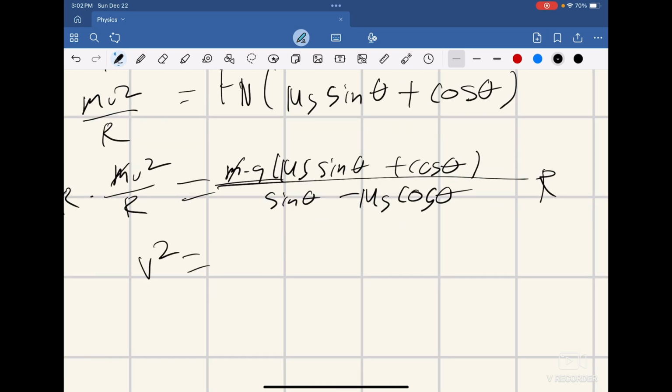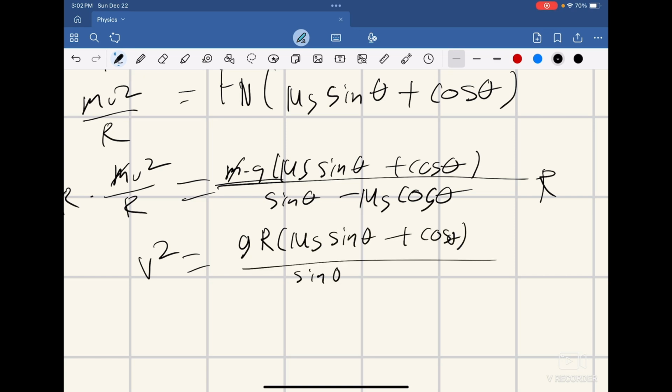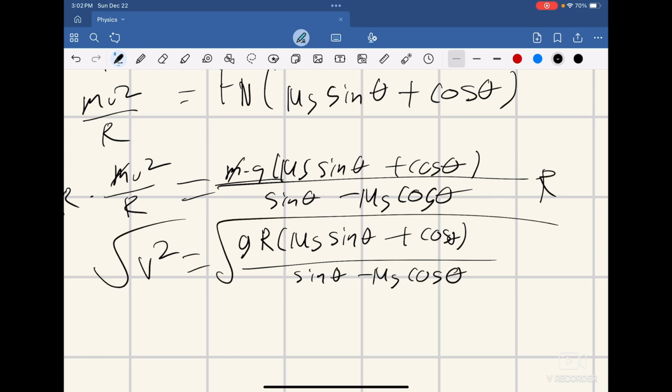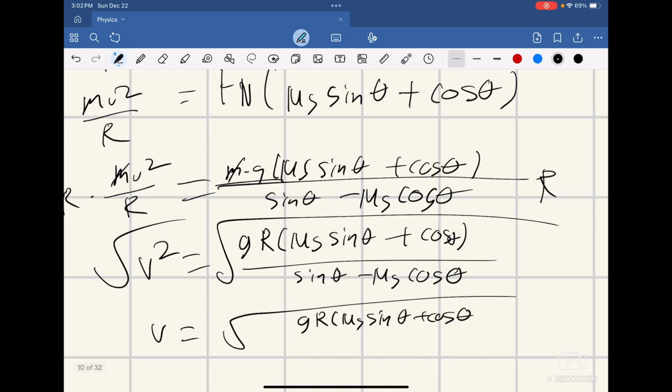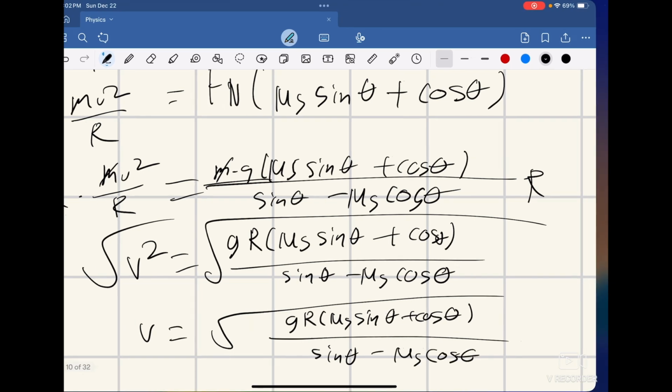That'll give us v squared is g r times mu s sine theta plus cosine theta over sine theta minus mu s cosine theta. And the last step we have to do is just square root both sides, and that gives us v equals the square root of g r times mu s sine theta plus cosine theta over sine theta minus mu s cosine theta, and that's v max.